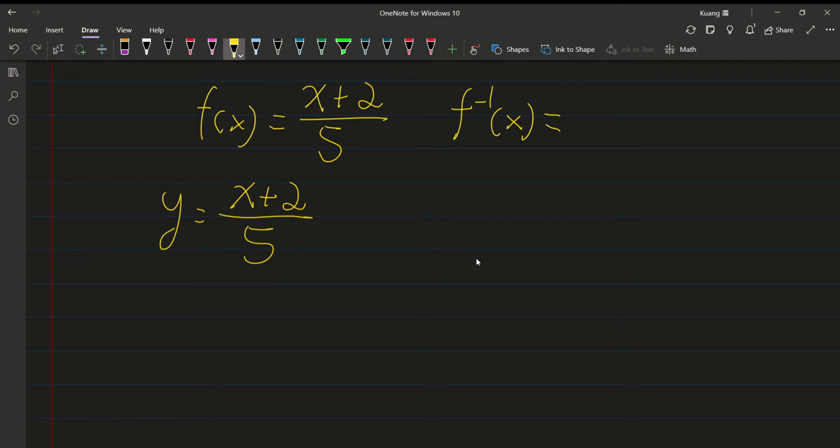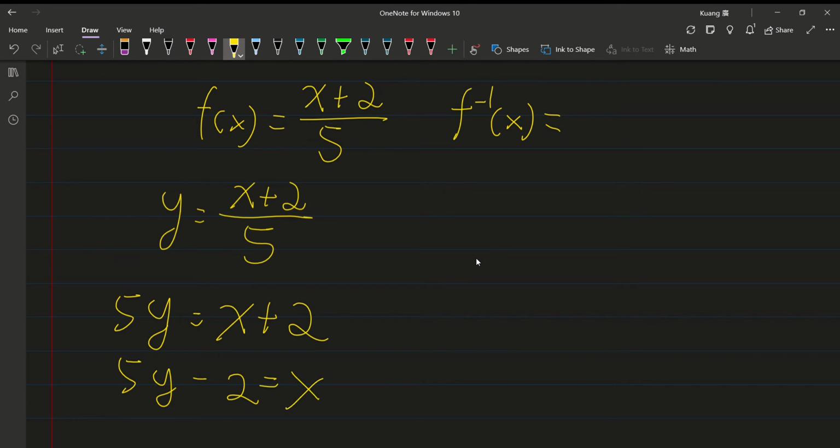So I multiply both sides of the equation by 5, so it becomes 5y equal x plus 2. Then I move the 2 to the left side, so 5y minus 2 equal x. Almost done.